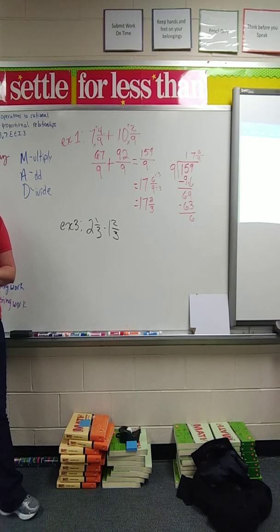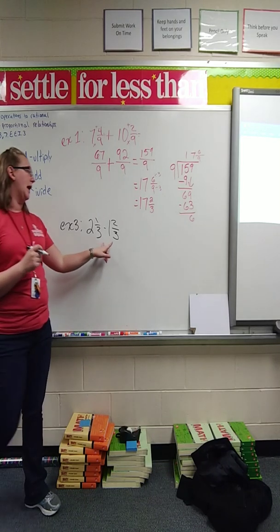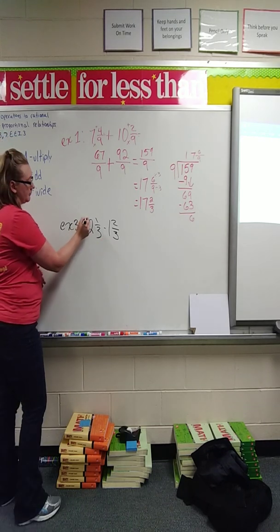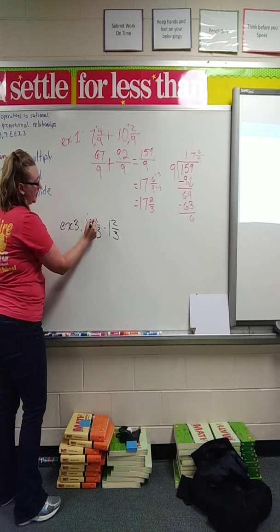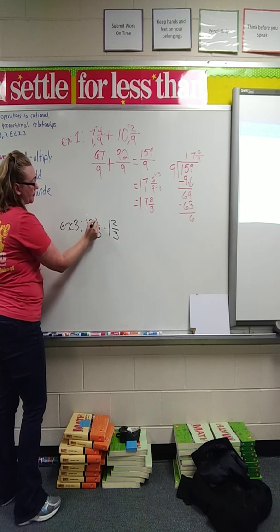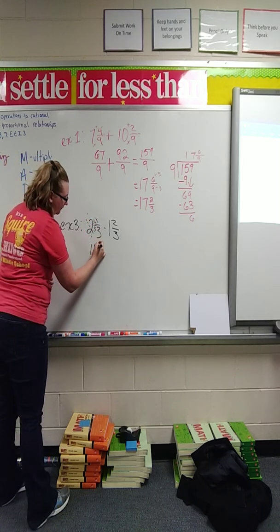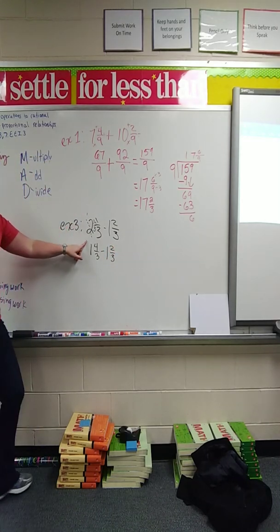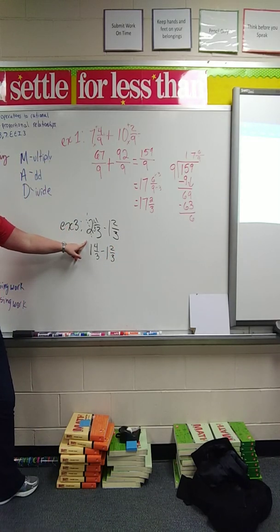If we were going to do that by subtracting our fractions and then subtracting our whole numbers, I would have to regroup this 2 as a 1 and call that 3/3 and add those together, so I'd have 1 4/3 minus 1 2/3. Guys, do we want to have to do that when we solve these problems?